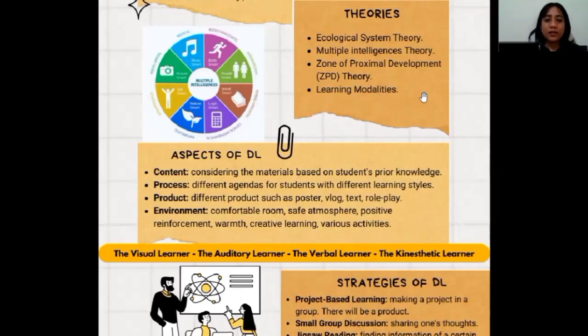And then the second one is auditory learners. They learn best through sound. It can be from listening to other people speaking or listening to music, etc. And then the third one is kinesthetic learners. They learn best through physical movement, like with their hands, their legs, their body.